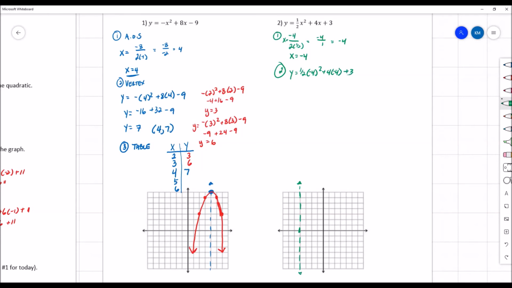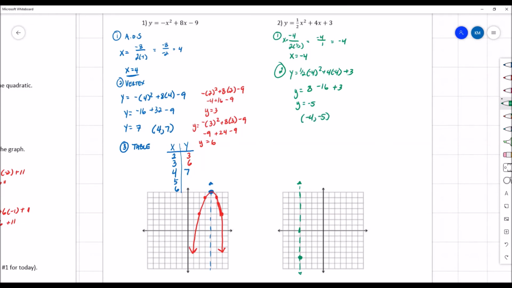That's 16 times 1/2 is 8, minus 16, plus 3. And so that gives me negative 5. So my vertex is at negative 4, negative 5.